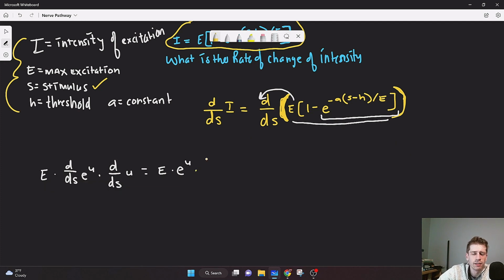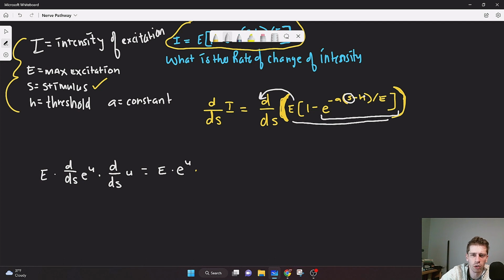So we get times this business right here. It's like negative a, and then our variable is our s. You could imagine, when you're practicing your calculus, it's like x minus a constant, like x minus 3. And what's the derivative of x minus 3? Well, it's just going to be 1, right? Because you apply your power rule for the x, which is x to the 1, and you bring the 1 down.